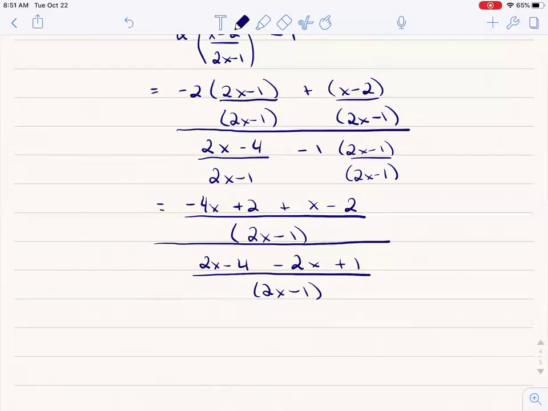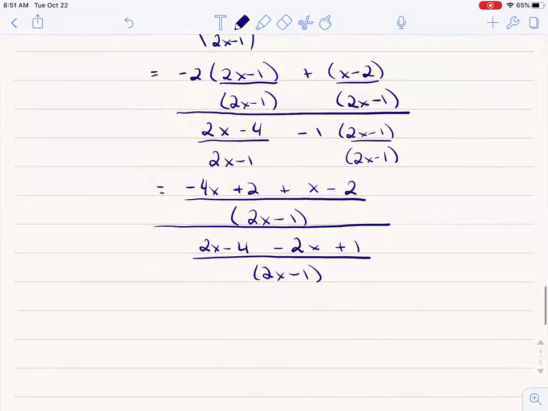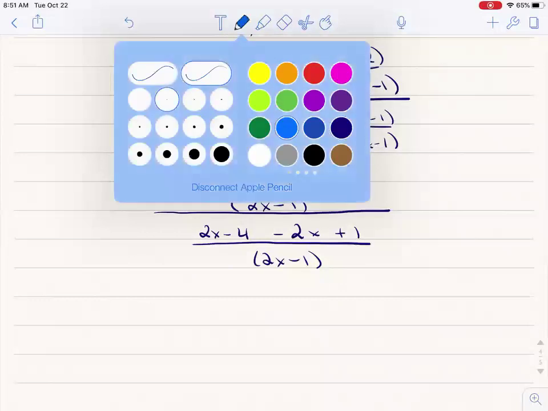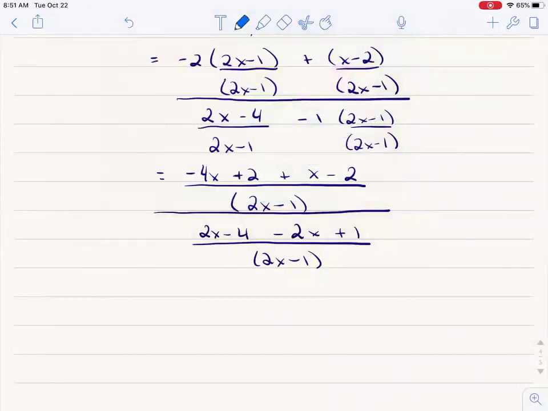So again, I'm going to simplify the numerators in both of these. And so I get, let's see here, plus 2 minus 2, that goes away.